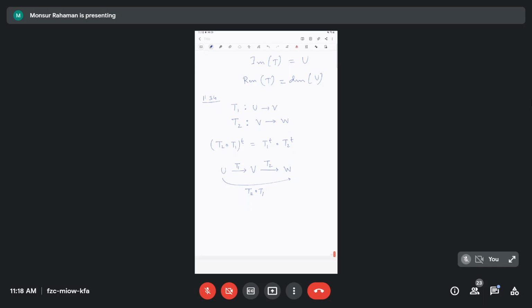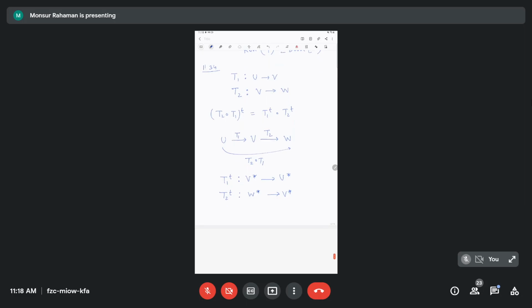So first you have to define what T1 transpose is. T1 transpose will be from V star to U star. And T2 transpose is from W star to V star.